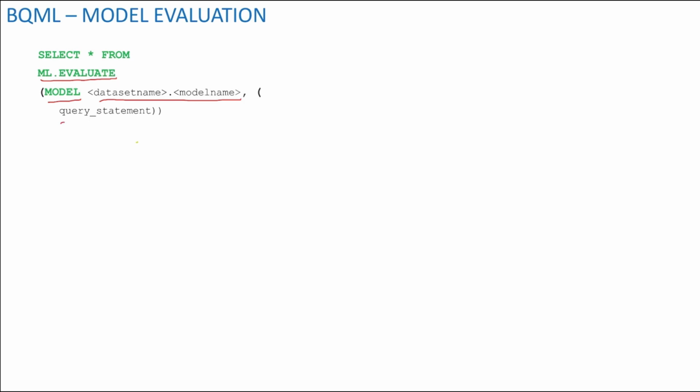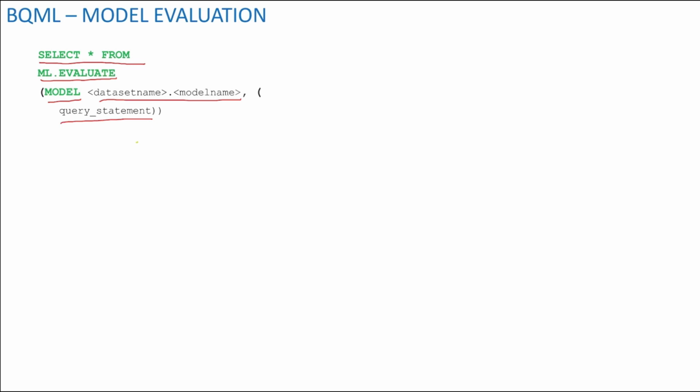You also need to specify a query statement that contains the data exactly in the same shape and form that you used in the model creation statement, including the names of the features, which have to be the same. ml.evaluate returns a BigQuery table, and hence you need to do select star from so that you get all the values.